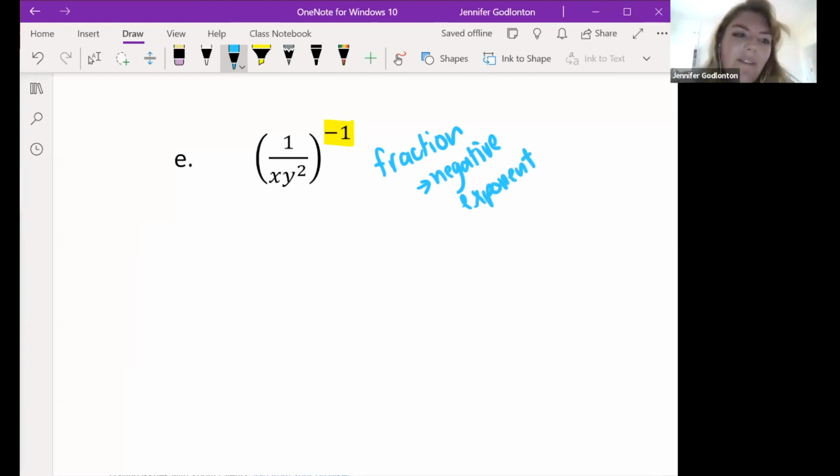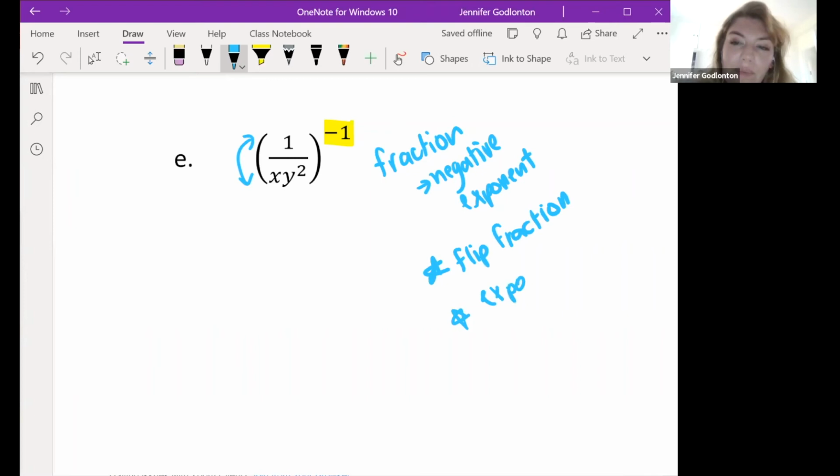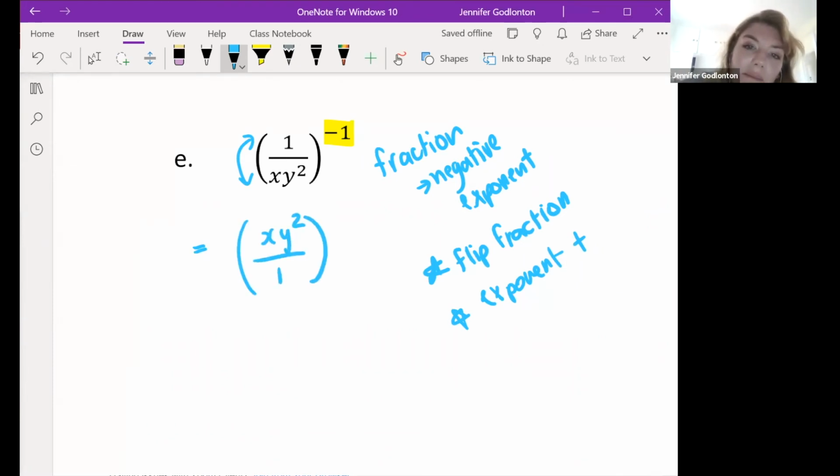When we have a fraction and it has a negative exponent, we are allowed to flip our fraction and make the exponent positive. So flip that fraction, xy squared over 1, make the exponent positive.